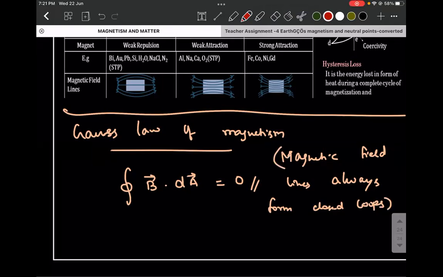So when magnetic field lines are always forming closed loops, what we can say is the surface integral of B vector dot dA vector is always 0. Unlike the Gauss law for electrostatics, where it is Q by epsilon naught, in the case of Gauss law of magnetism, the total flux enclosed by a surface or Gaussian surface is always 0. That's clear? Yes, sir.